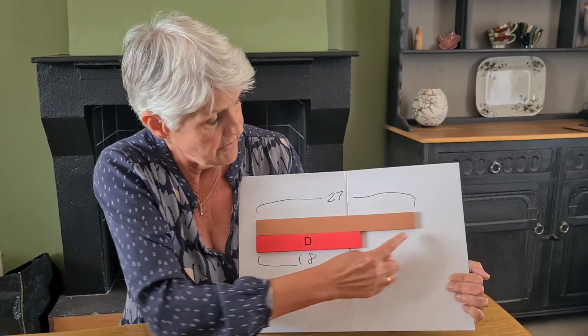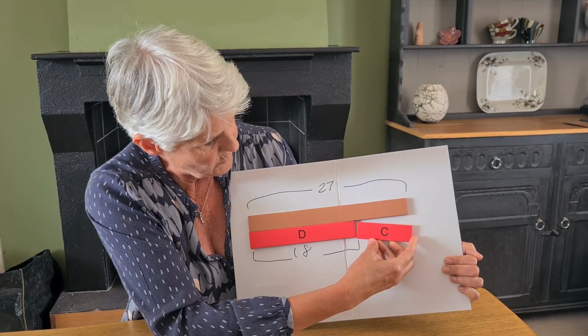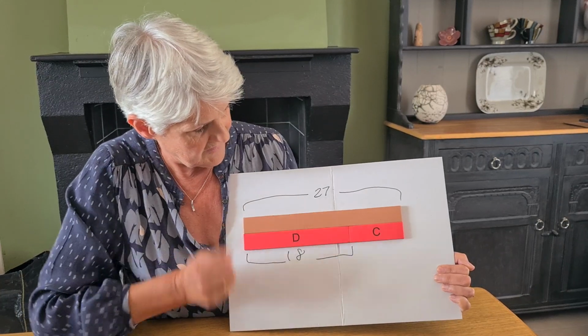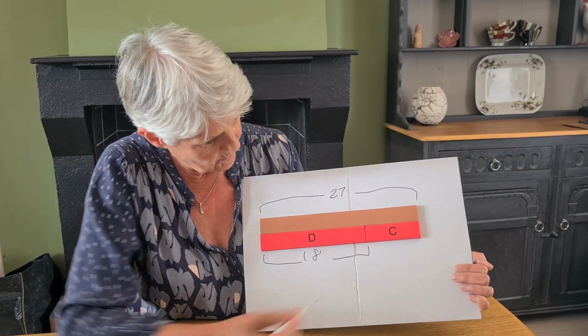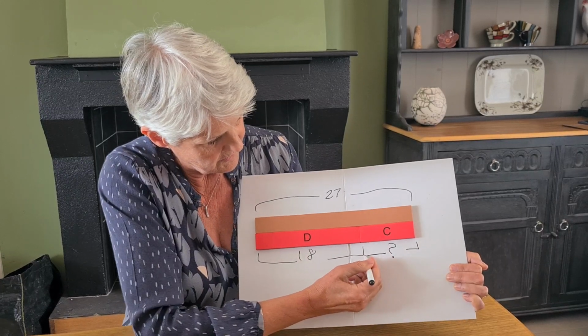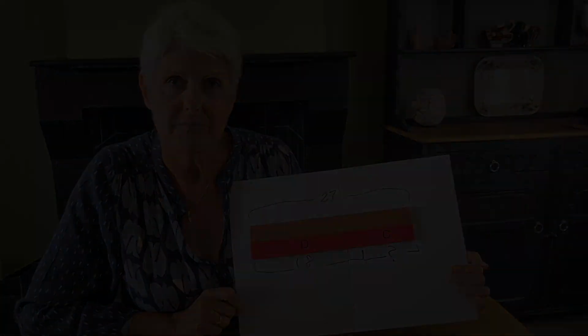The part we don't know the value of is the part that fits in here. We can use red C to represent that part. Fits exactly together to be the same as the whole. This is the question mark this time, the unknown value. This is the rows of carrots.